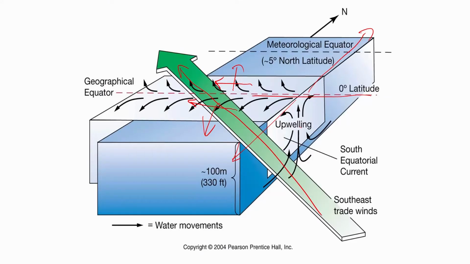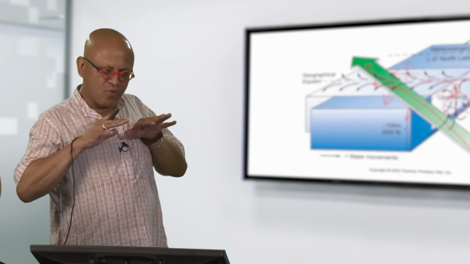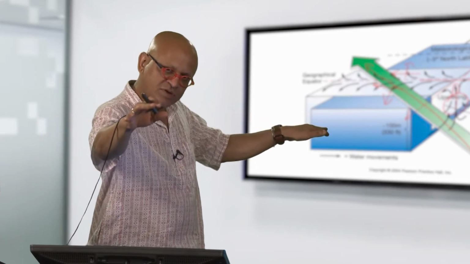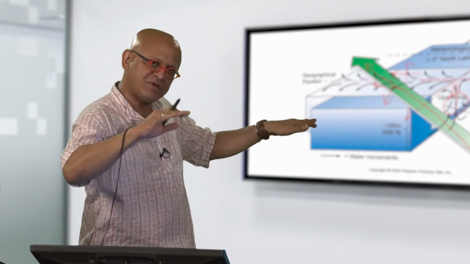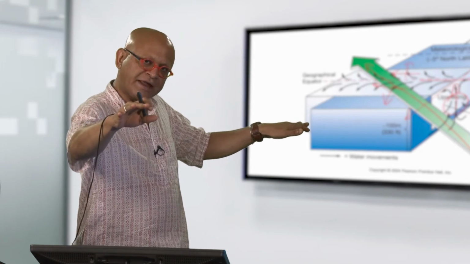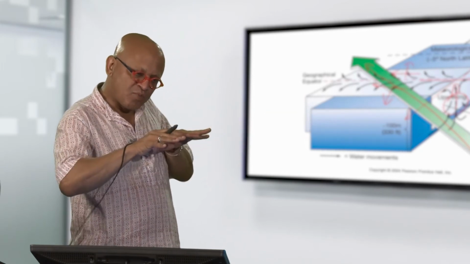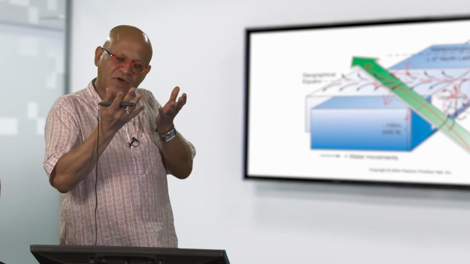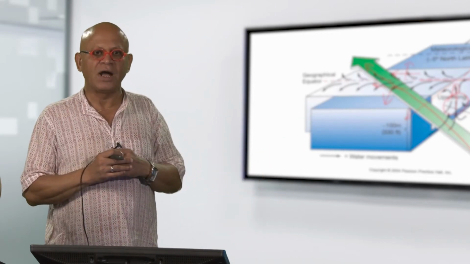That means the water that is below is being brought up. So, the winds are moving water towards the west and towards the poles, left in the southern hemisphere, right in the northern hemisphere. So, you are moving water away from the equator, colder water is coming up. Okay? This is essentially called upwelling.